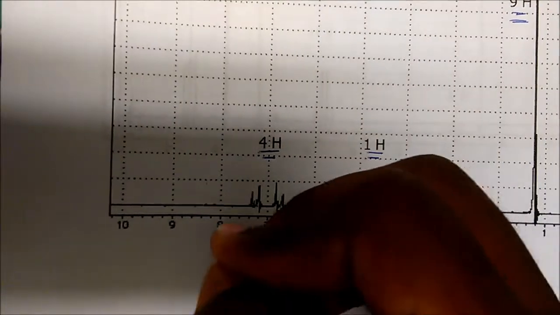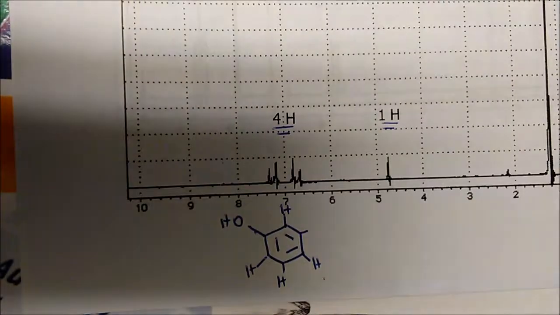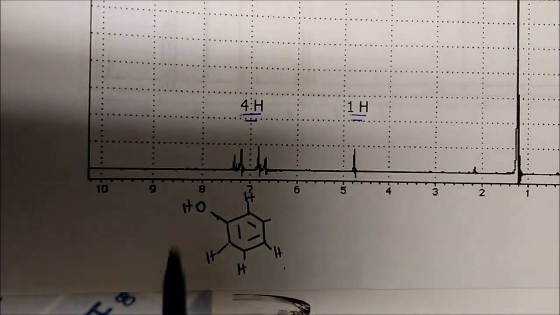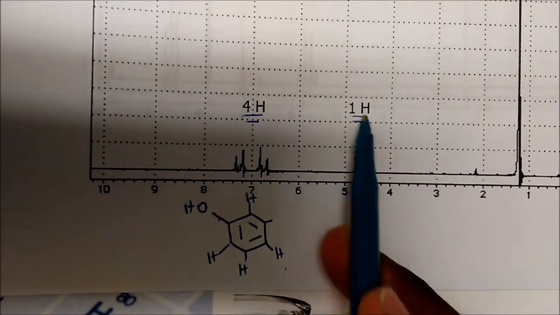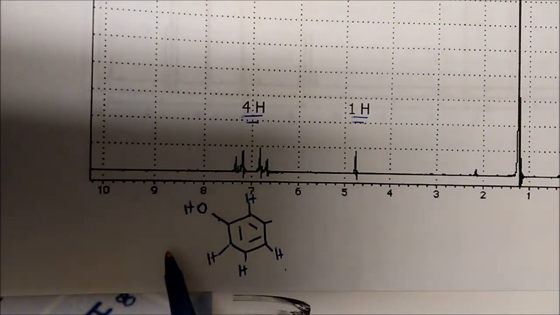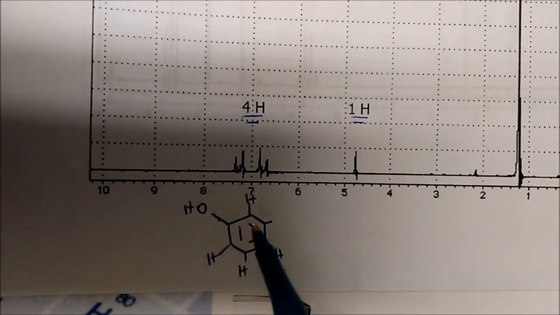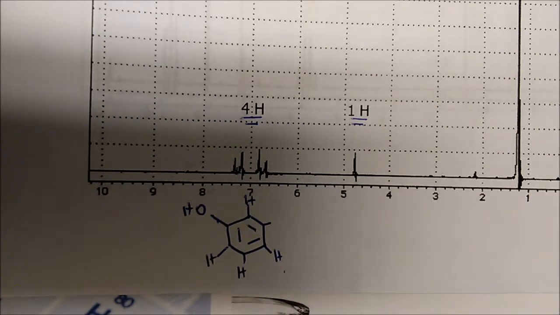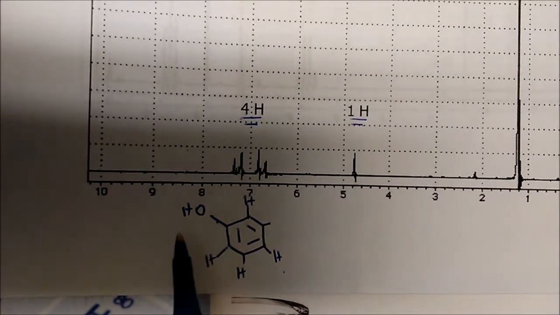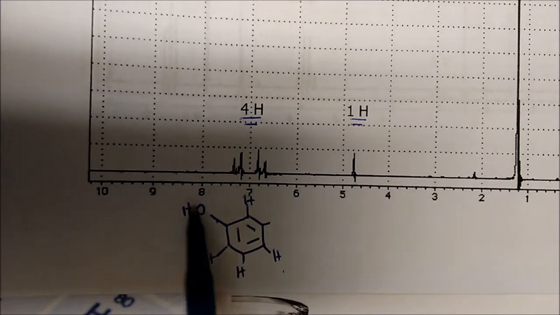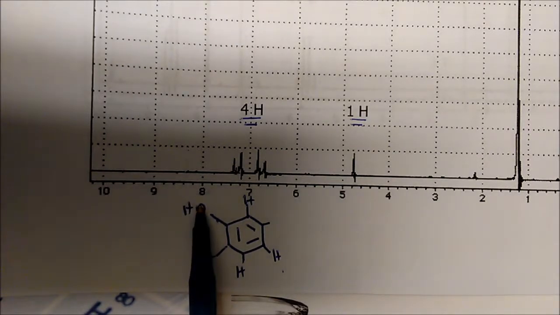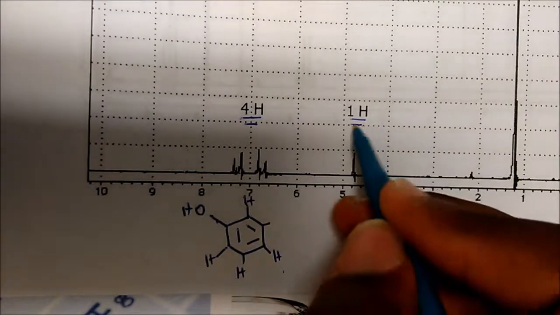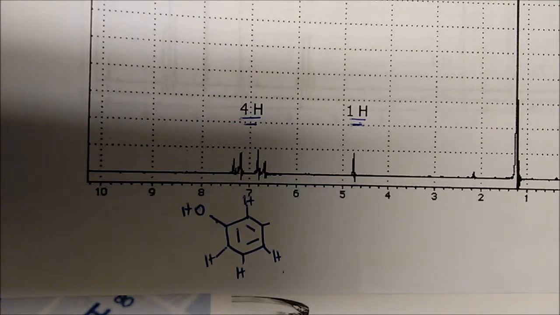I'm going to put an alcohol on this group here. It makes sense now because this hydrogen has 0 neighbors. Remember the n+1 rule: if it has 0 neighbors, we only see one split, because 0 plus 1 is equal to 1. This proton is bonded to the oxygen, and the oxygen is not a proton, so this is consistent with what we see.